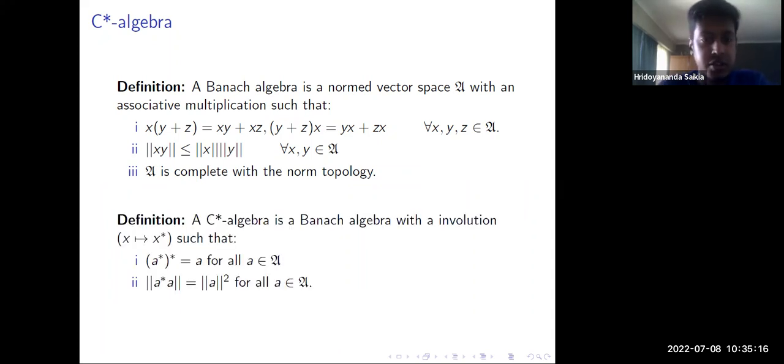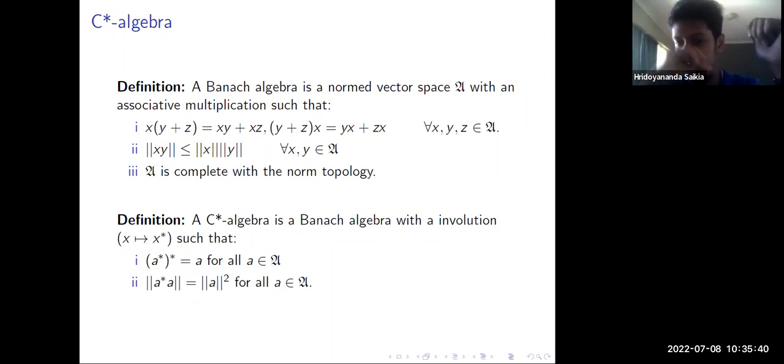Then I want to define what a C-star algebra is. C-star algebras are a class of Banach algebras with some additional structure. Firstly, it has to be a Banach algebra, so it comes with a multiplication that is nice enough and closed with respect to the norm.